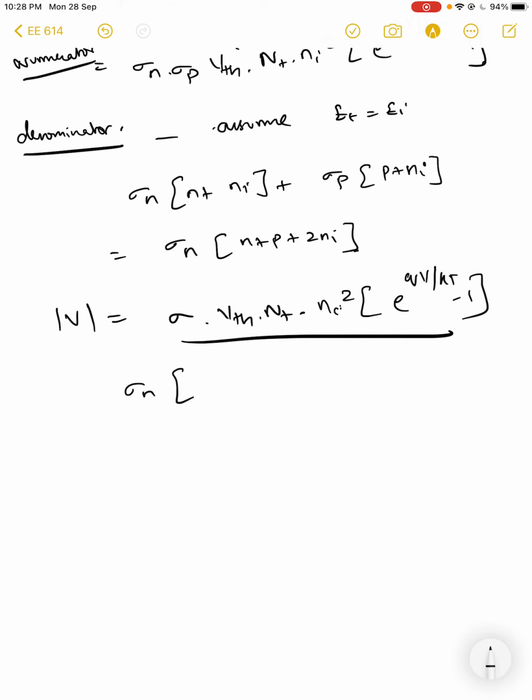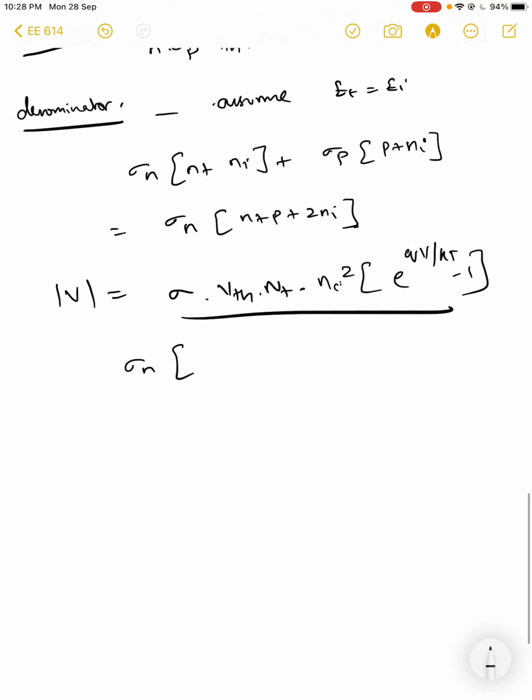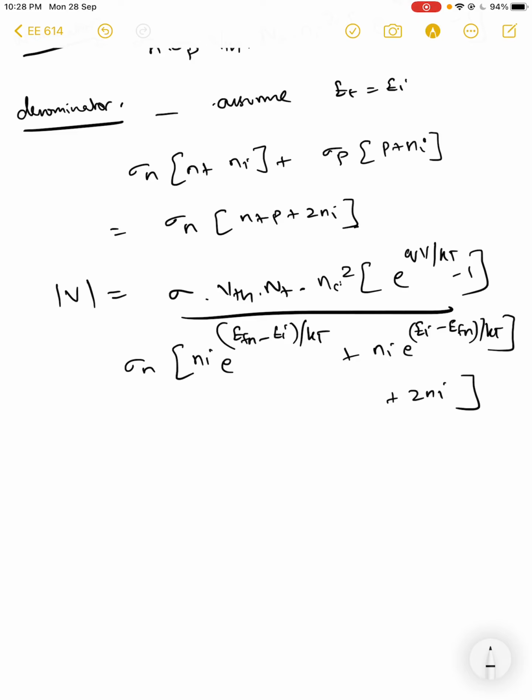And n is basically ni e power (EFn minus Ei) by kT plus p is ni e power (Ei minus EFn) by kT plus 2 ni, right?